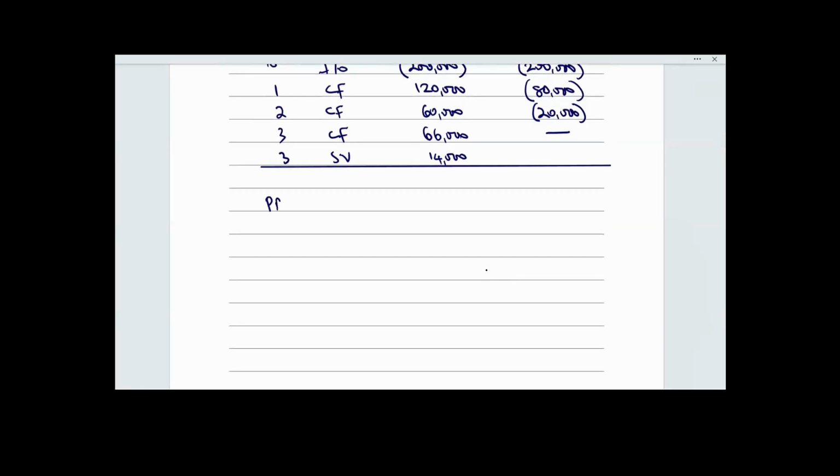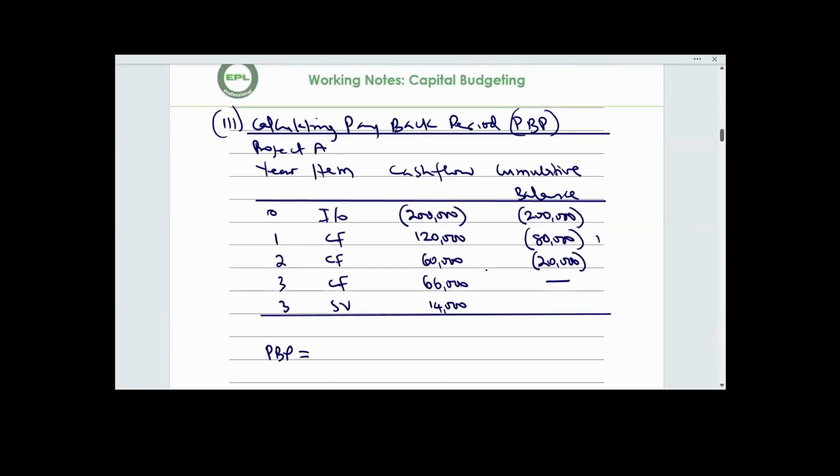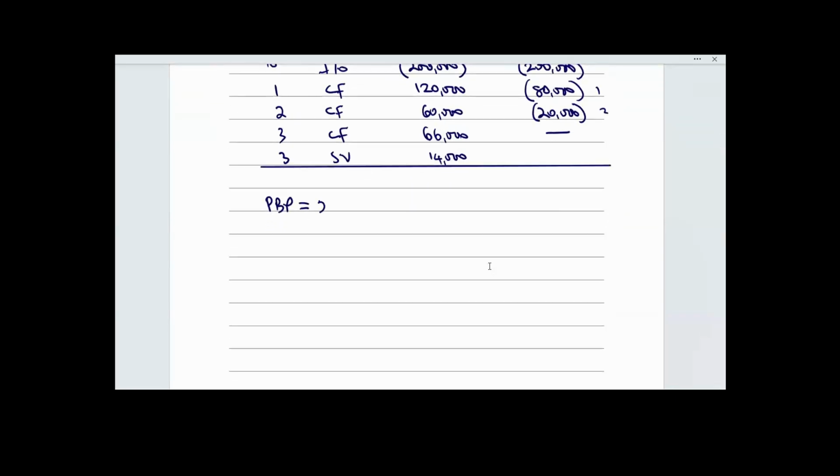Payback period equals, we have recovered for how many years? Year 1, then year 2, 2 years. So here will be 2 plus the outstanding balance of 20,000 divided by the next cash inflow of 66,000.